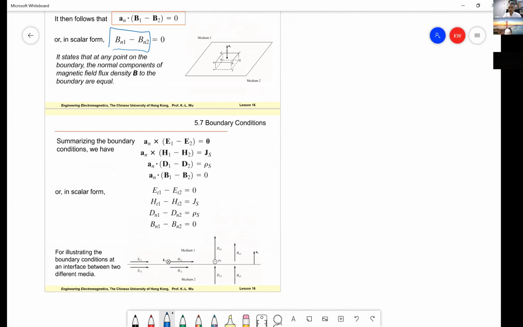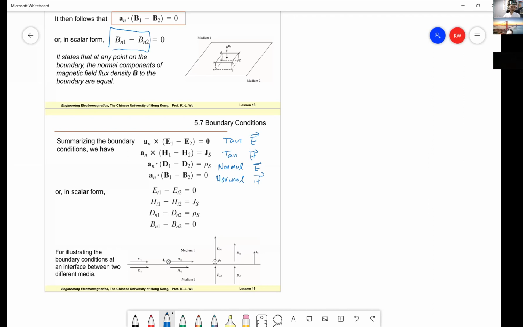We talk about tangential field. This is the tangential electrical field. This is the tangential magnetic field. This is the normal component of electrical field and the normal component of magnetic field.